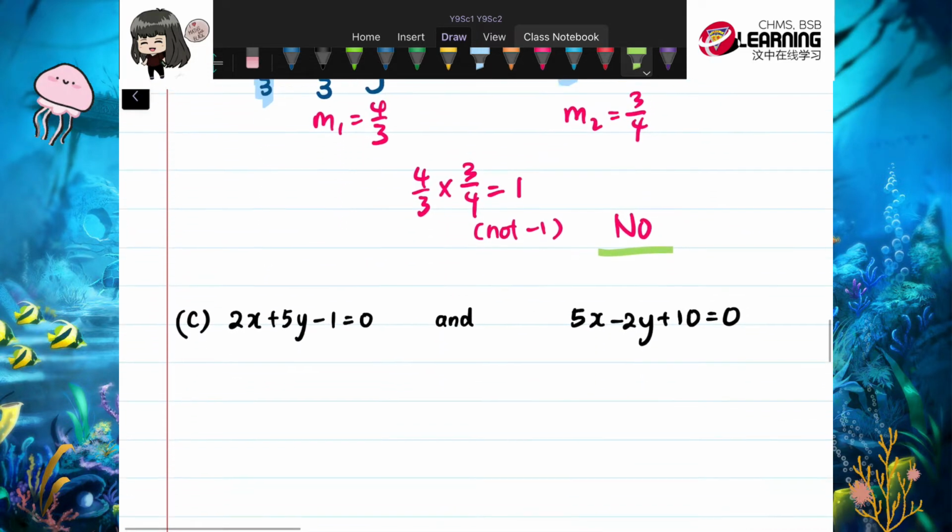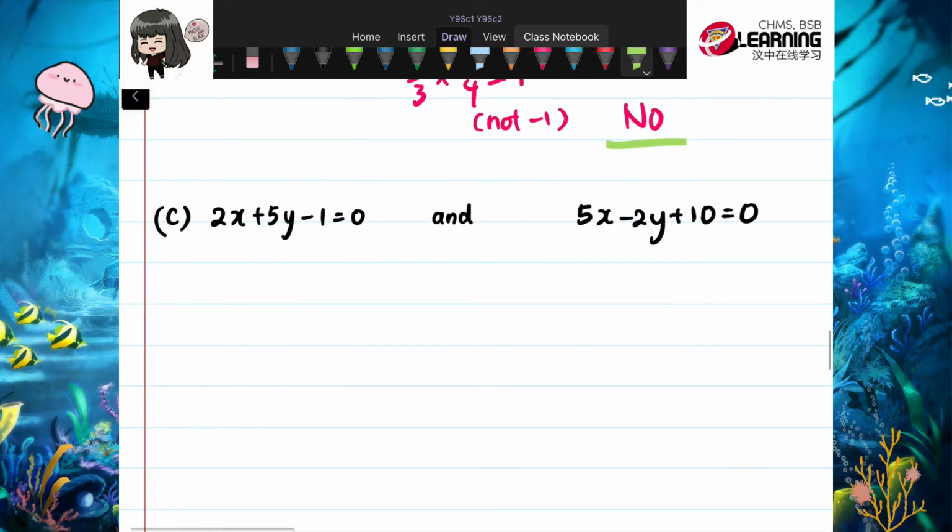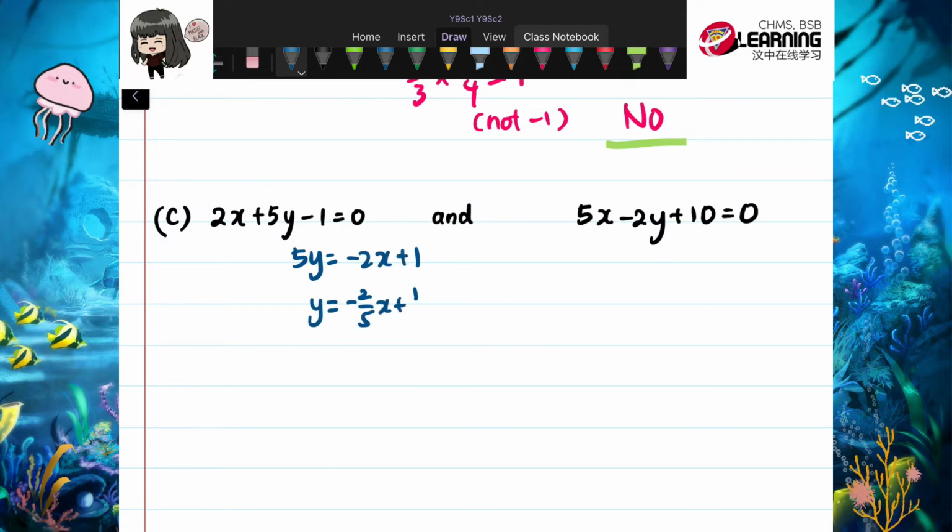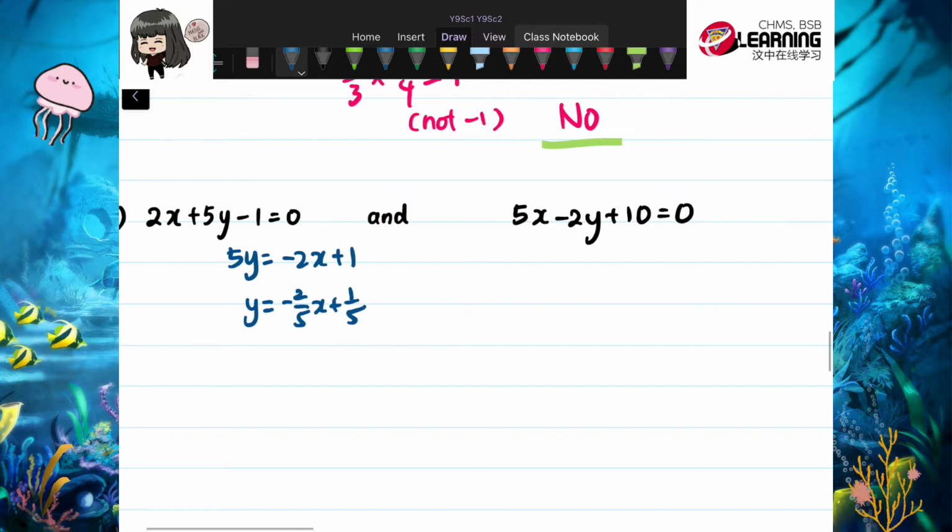Part C, same thing. I will make y the subject. You can try it on your own. On this side, I will move negative 2y to the other side.